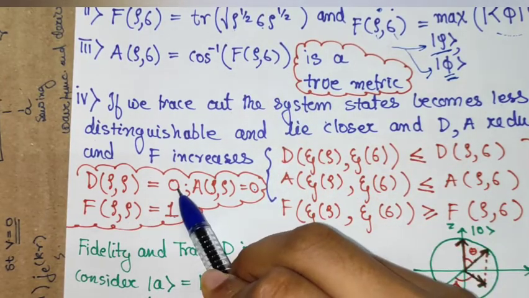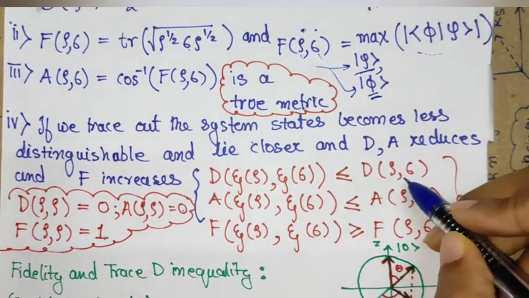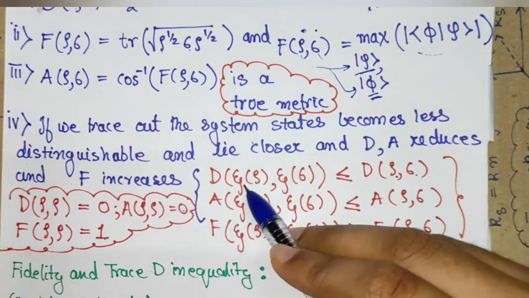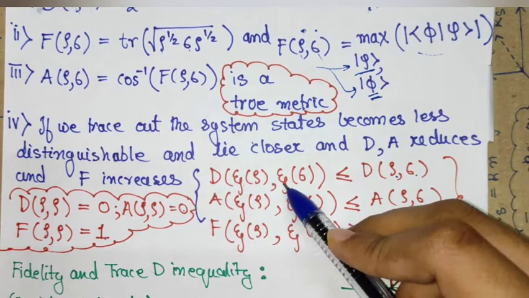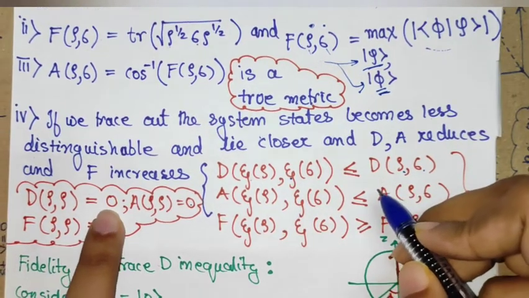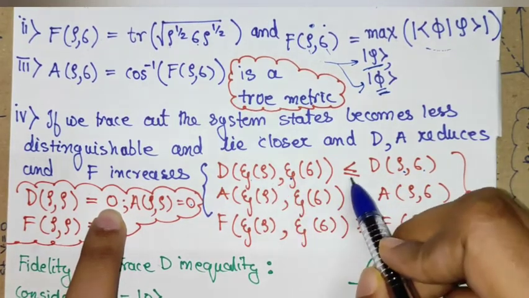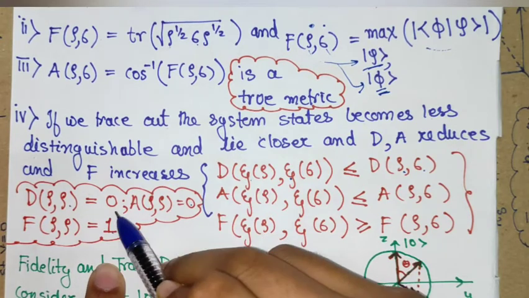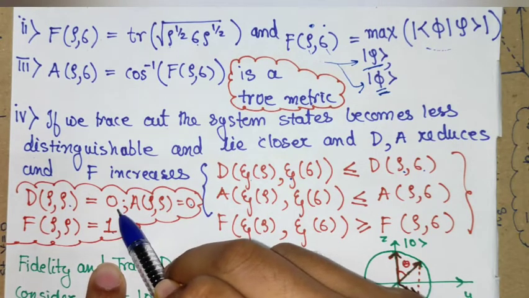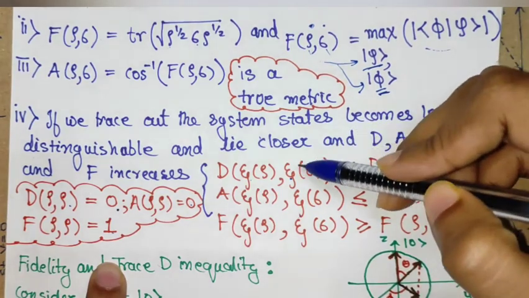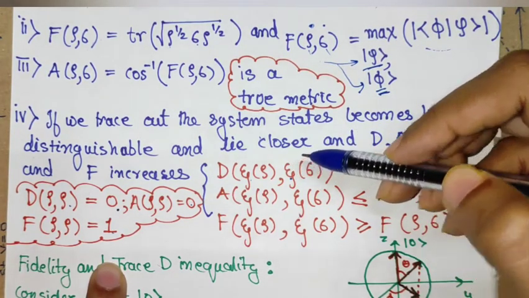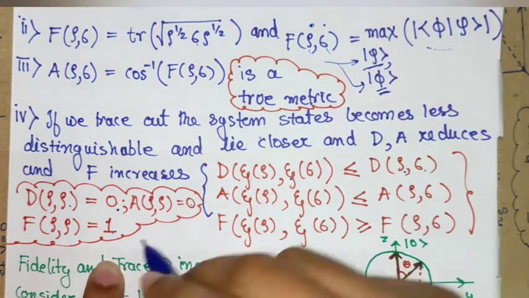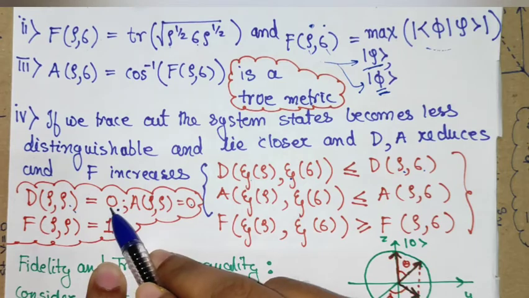So when we trace out a system, and more generally when we perform some sort of quantum operation, in terms of the trace distance we are reducing the trace distance, because the most indistinguishable case has a trace distance of 0, and a quantum operation makes our states more indistinguishable.